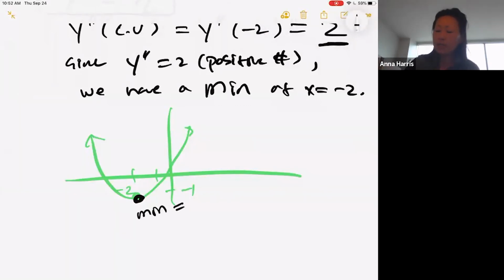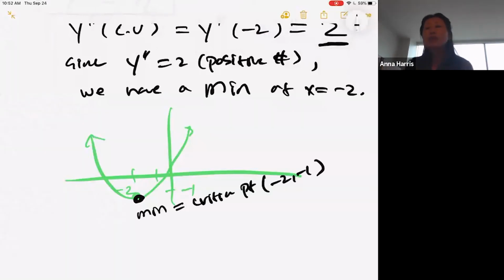Your minimum is your critical point, which is -1. So when you have your critical point, the critical point can be positive or negative, but I can tell you right away if I take a second derivative and plug in the critical number into my second derivative. All right, so let's go over that one more time.